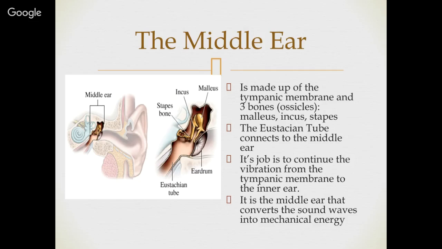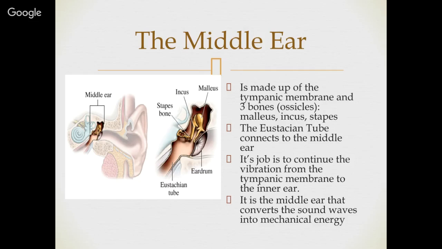If you think about them almost like a mechanism, a line in which one moves the other, it's where the sound wave is changed into mechanical energy. It moves just like a machine might.